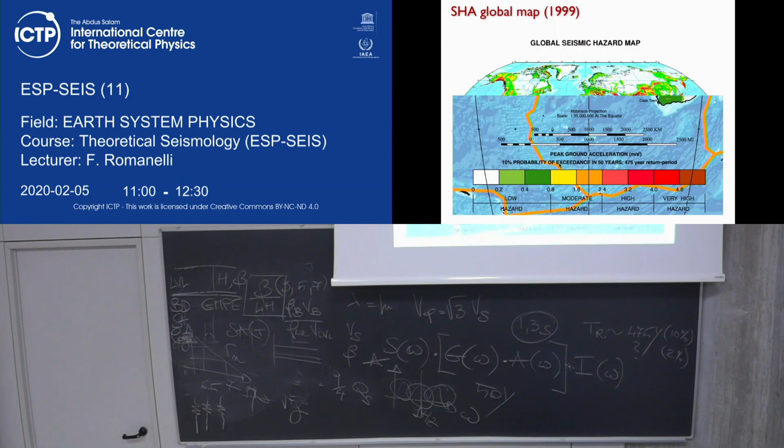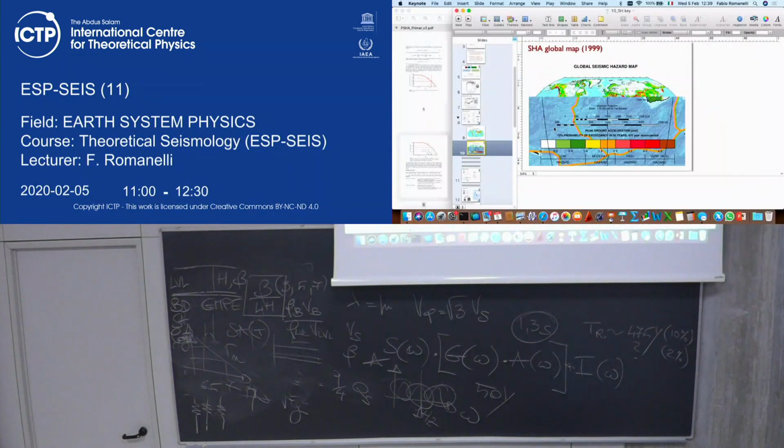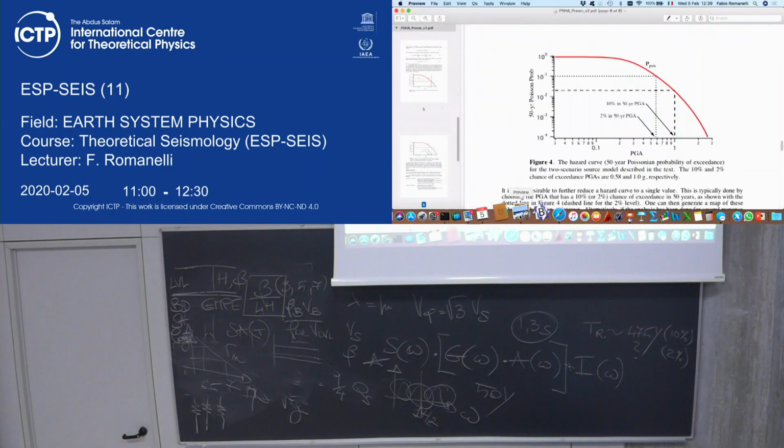So, a classical semi-modern seismic hazard map is plotting PGA with 10% in 50 years. That means it's produced using a probabilistic procedure. Please try to do your homework reading that very nice paper by Netfield, understanding the steps for the computation. And think about some modern issues if you want.